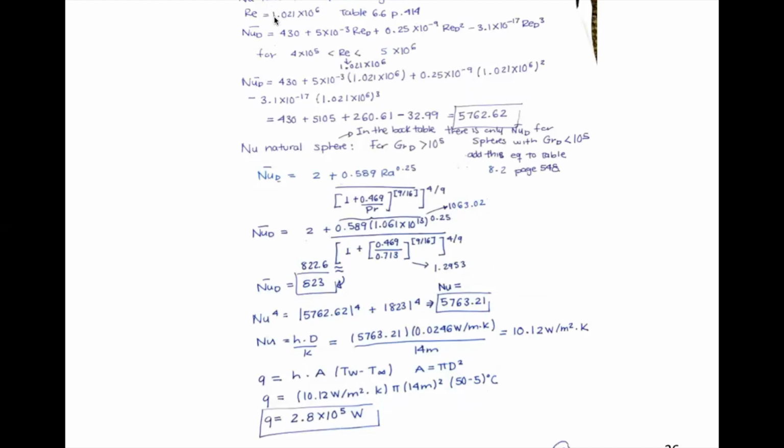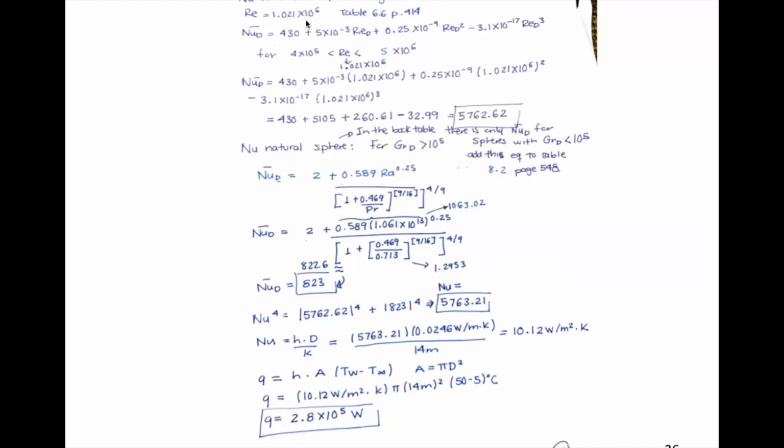And I get that for this Reynolds, the Nusselt correlation for a sphere in gas under external convection is given by this equation, right? My Reynolds was 1.021 10 to the 6, and this equation for a sphere allows me to use it between 4 10 to the 5 and 5 10 to the 6. So my Reynolds falls in that range.